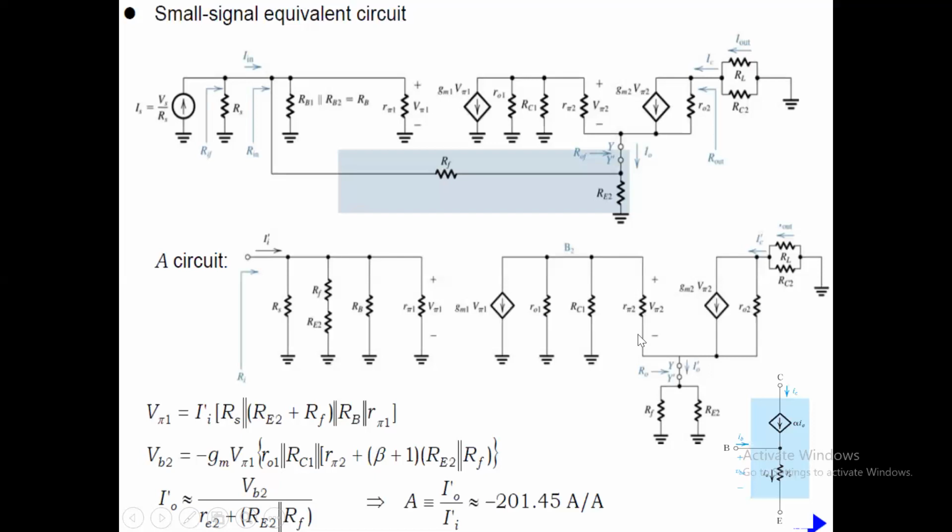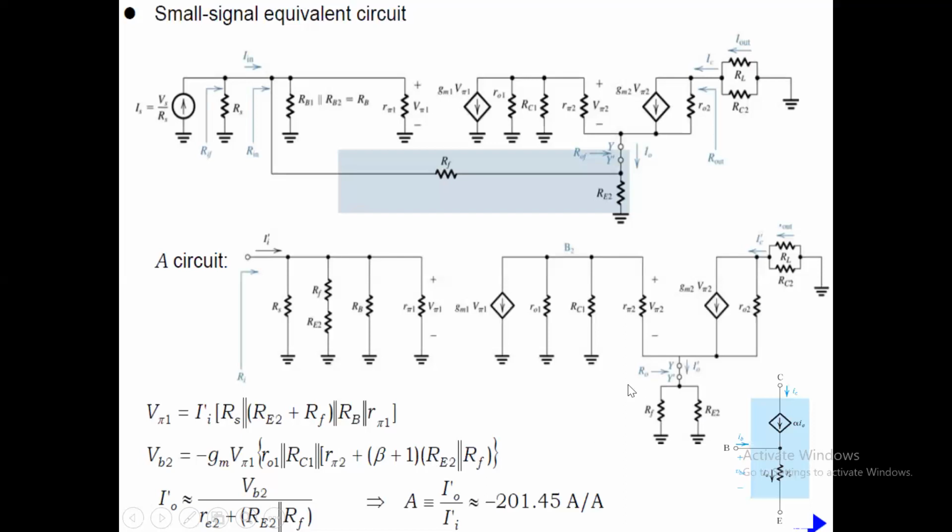This translated onto the input or the base side will give us that RF in parallel with RE2 has to be multiplied by beta plus 1, and that should be added to R pi 2. And that is what we have here: RE2 in parallel with RF multiplied by beta plus 1, plus R pi 2.